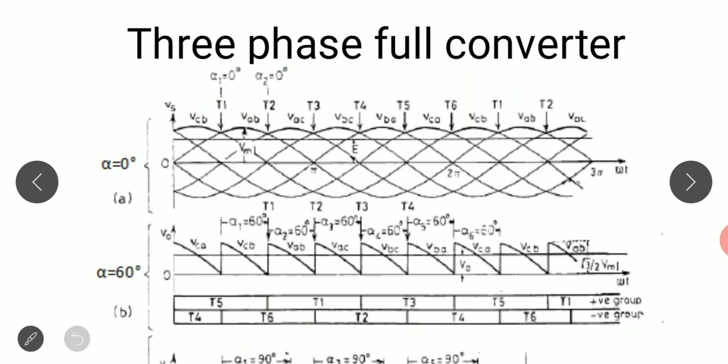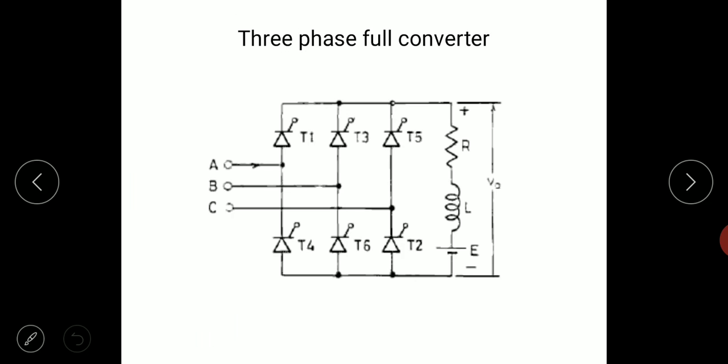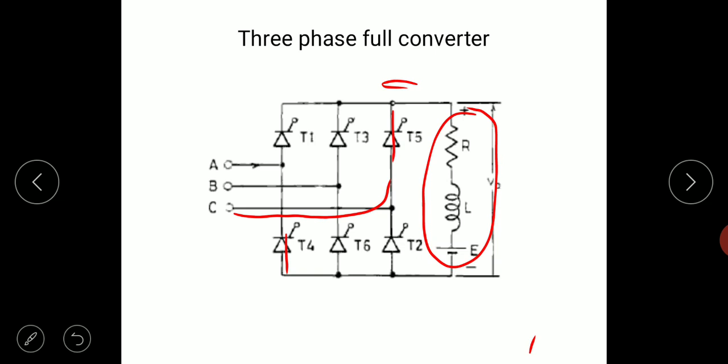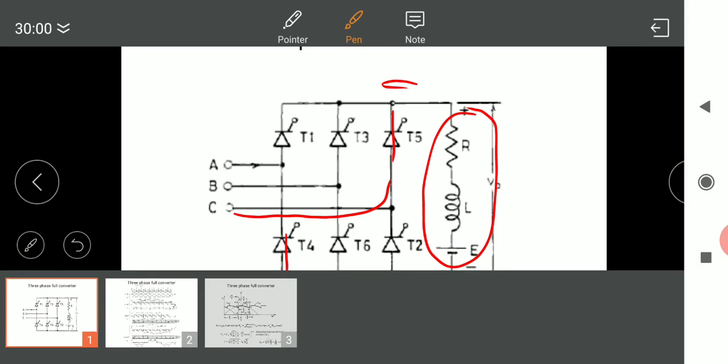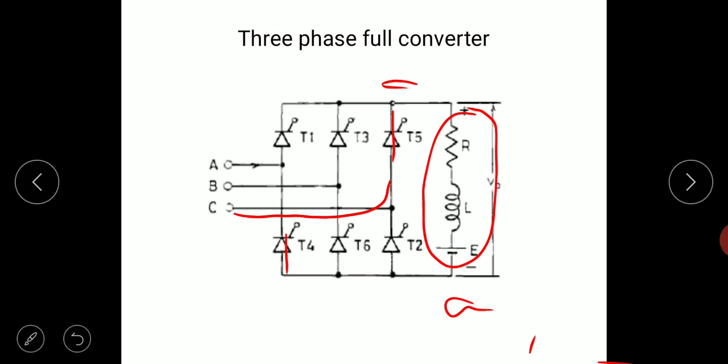Now let us analyze our voltage. If you analyze this portion, then you can see that thyristor T5 and T4 are conducting, and if T5 and T4 are conducting, then the load voltage will be equal to C terminal will be here and A terminal will come here, because T4 and T5 are short circuited.